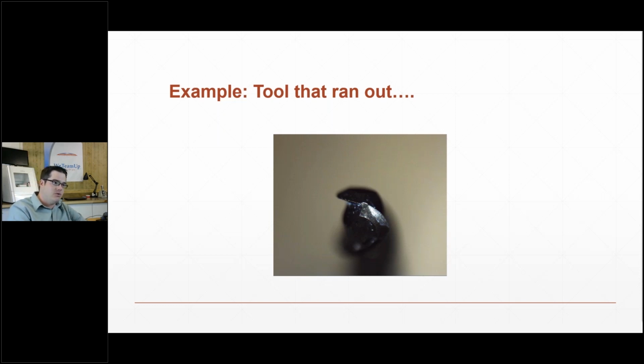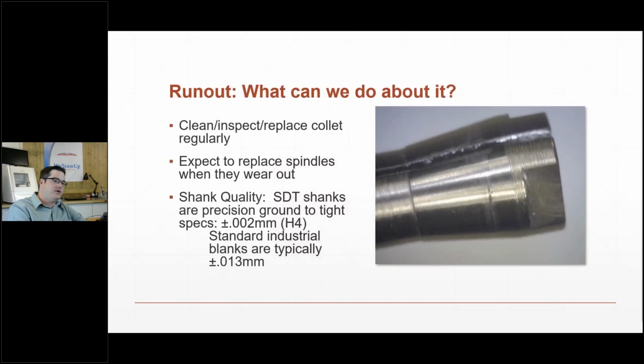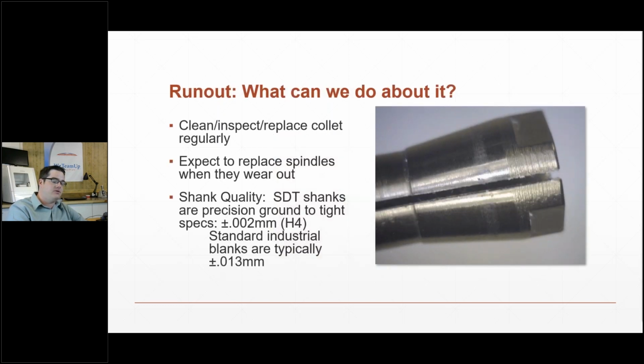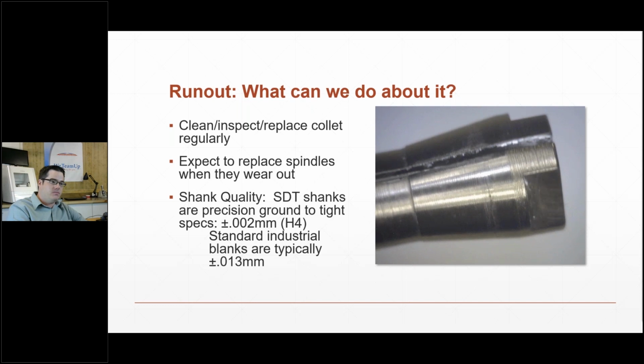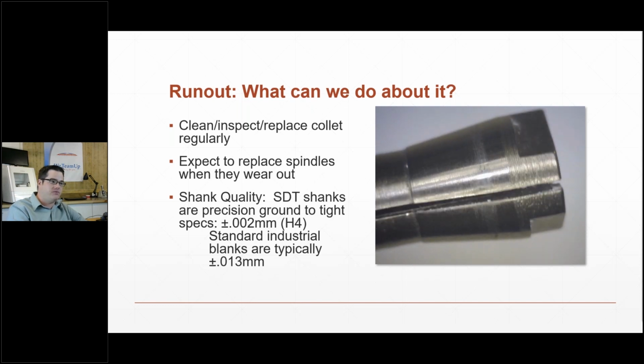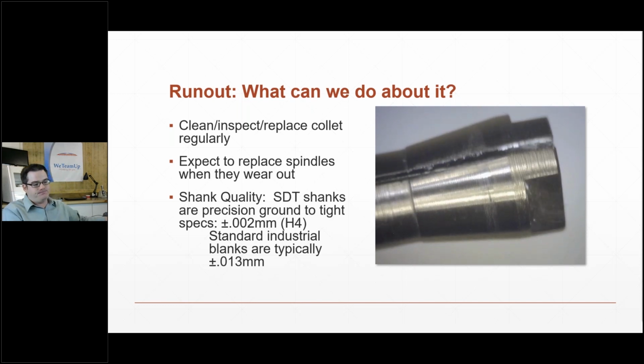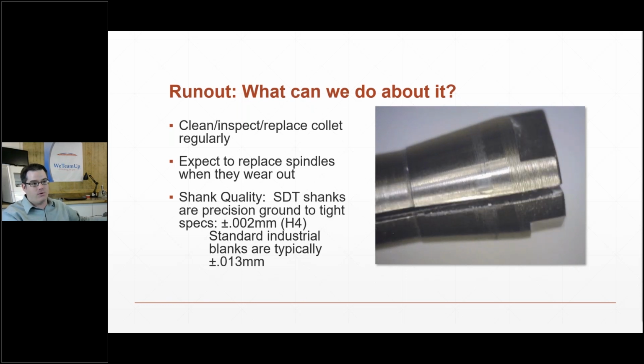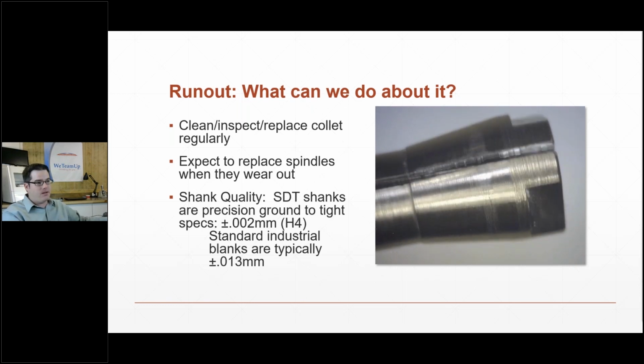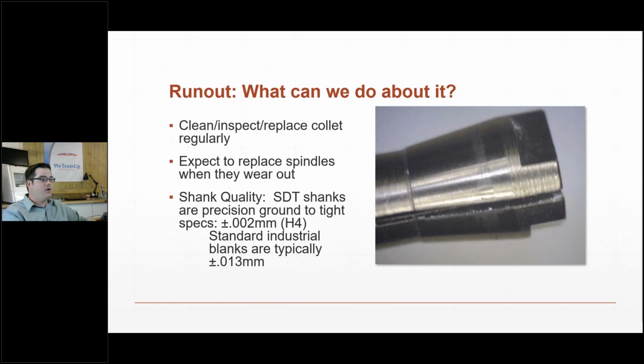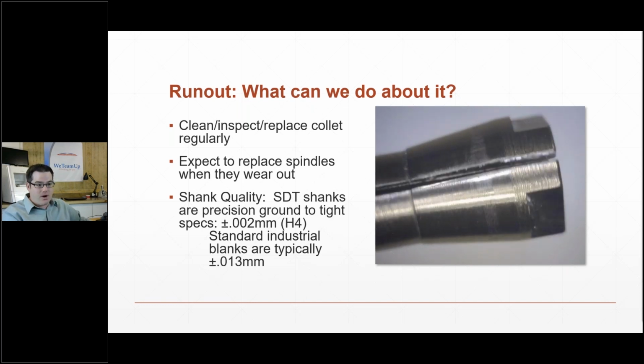So how do you control runout? The biggest thing in the lab is your collet. Manufacturers have different protocols for managing the collet, but they all do have protocols. A collet's a wear item.